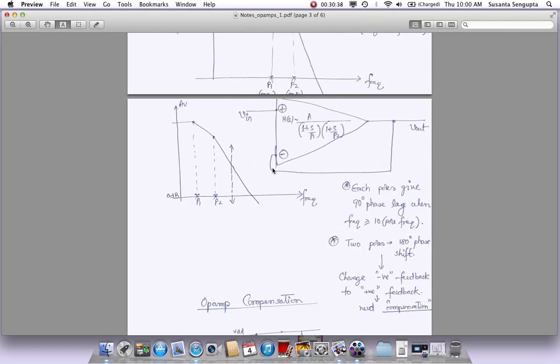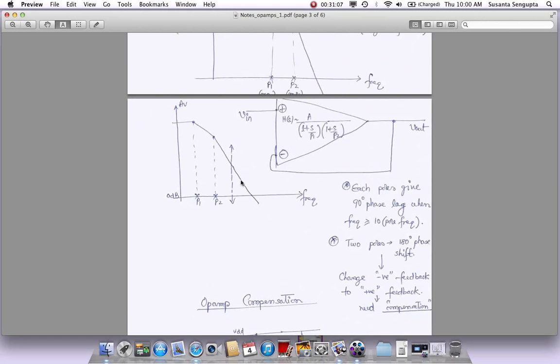If you have this phase shift happening but you never had the gain, then guess what will happen? Any signal here will see a positive feedback, but it will not be able to cause any sustained oscillations. It will die out because the gain is less than 1. For oscillations, along with the phase shift, it also needs the gain to be greater than 1. That's why I mentioned this point, which is 0 dB.